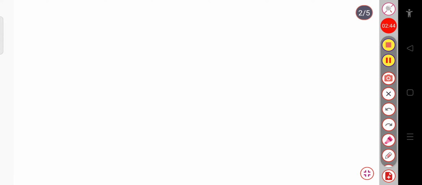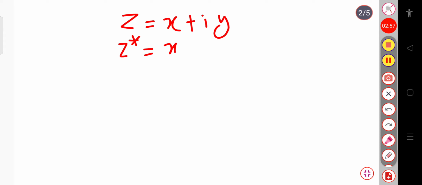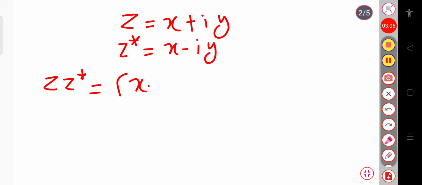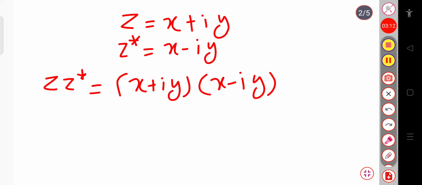Again, one more thing is that when you are multiplying the conjugate number, suppose z equal to x plus iy and our complex conjugate z star is equal to x minus iota y. In this case, when we multiply z with z star, that will be equal to x plus iota y into x minus iota y. This is in the form of a plus b into a minus b.